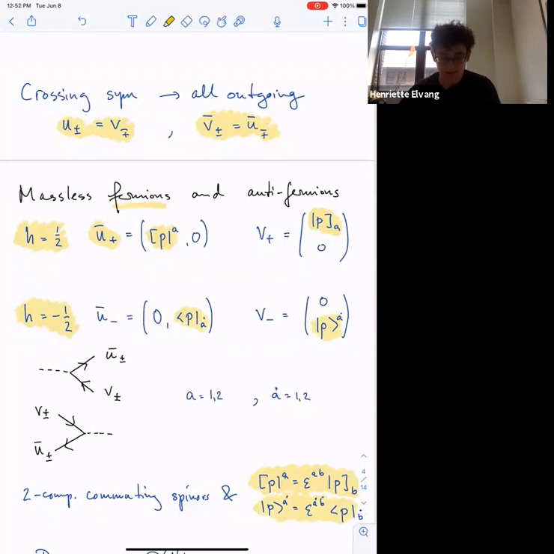Okay, so that's a lot of stuff, but the main thing to remember is square spinors are things with positive helicity, angle spinors are things with negative helicity. So just keep that in mind, and then we won't need all the details, but basically these are the external wave functions that you need for fermions with positive and negative helicity 1/2.